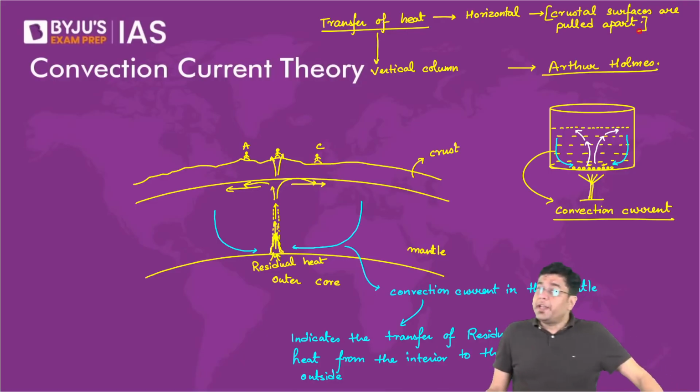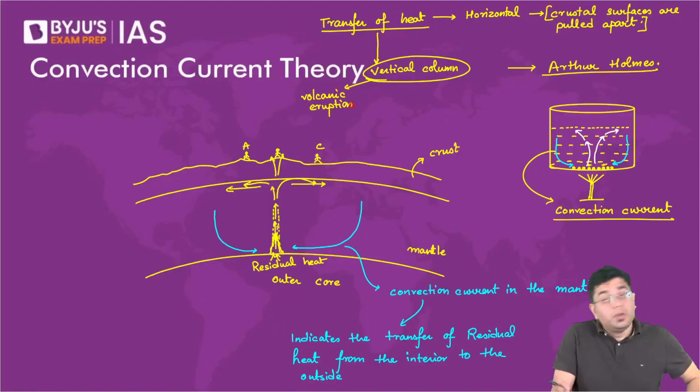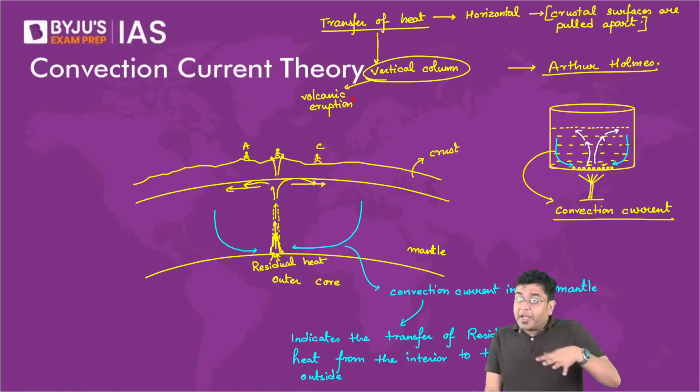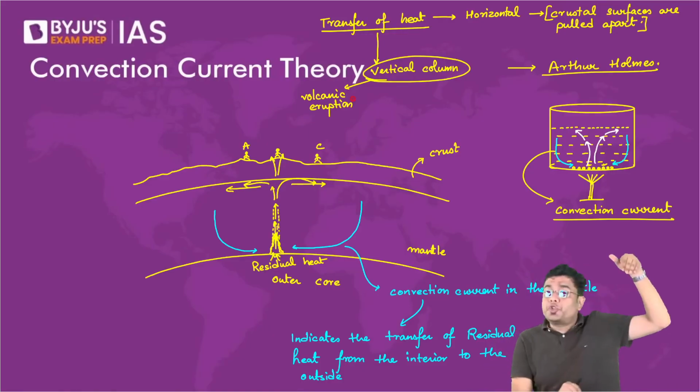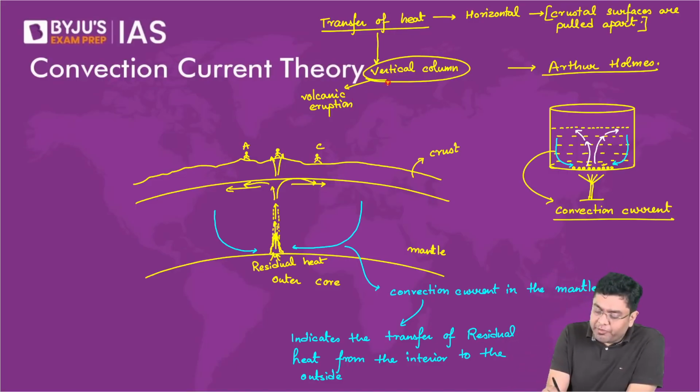And in the case of the vertical column, what can we have? We can have a volcanic eruption, right? If the crust is weak, there is eruption; if the crust is strong enough, it can be pushed up, it can get uplifted, upliftment of land, right?